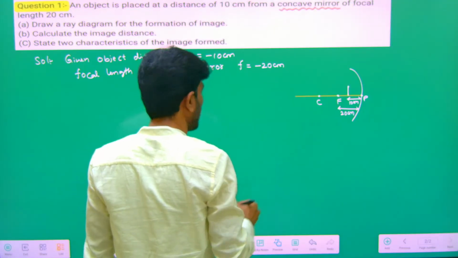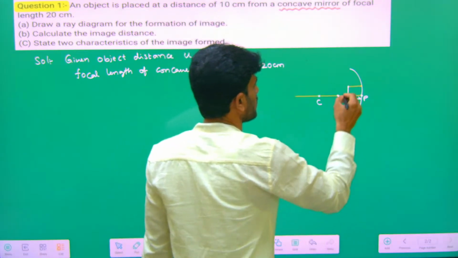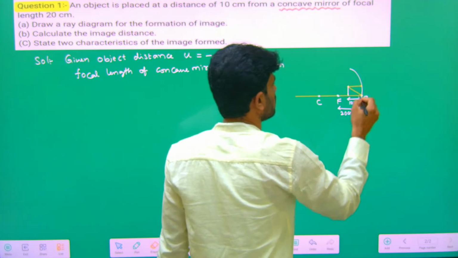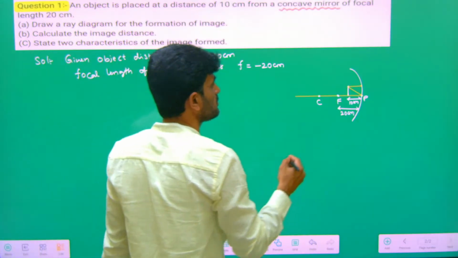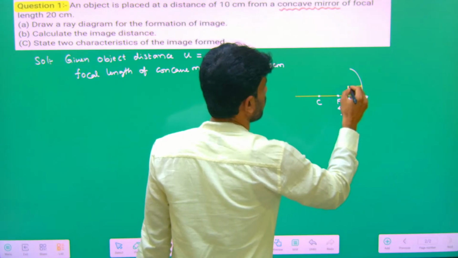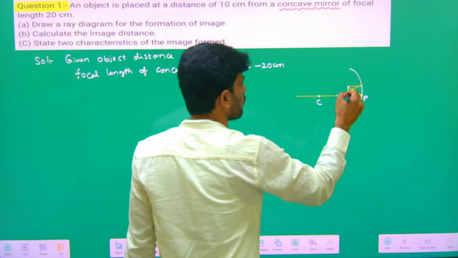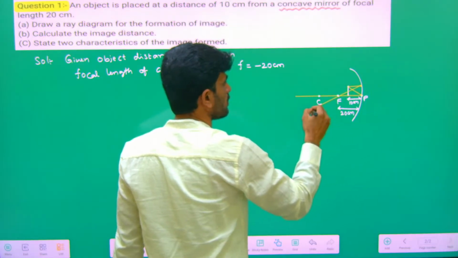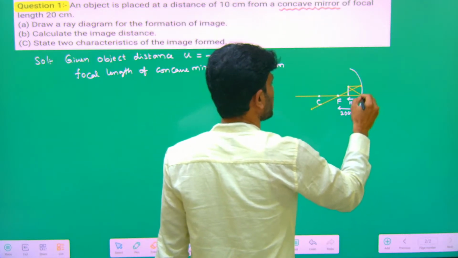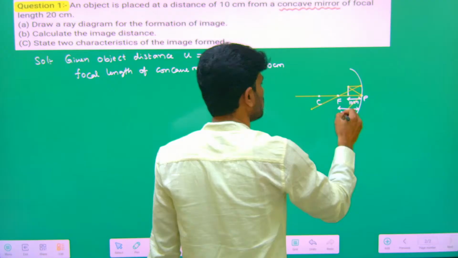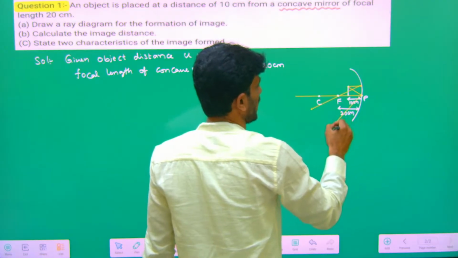We draw one ray parallel to the principal axis like this, and another ray falling at the pole. By using the rules of ray diagrams, whenever a ray is parallel to the principal axis, after reflection it passes through the focus like this. The ray which is falling at the pole makes the same angle; angle of incidence is equal to angle of reflection, like that it reflects back.